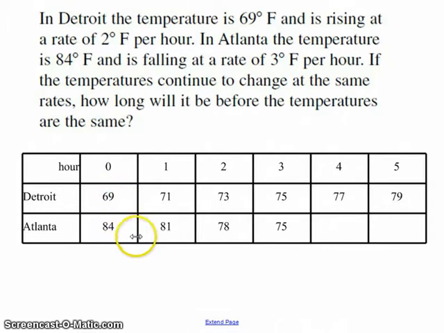But Atlanta goes down by 3 degrees every hour, while Detroit goes up by 2 degrees every hour. If you do this, you'll find in the table that you don't need to go past hour 3. I gave myself room to allow for 5 hours and filled it out for Detroit, but I found that they had the same temperature by hour 3.